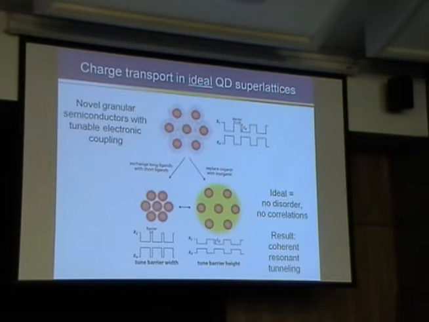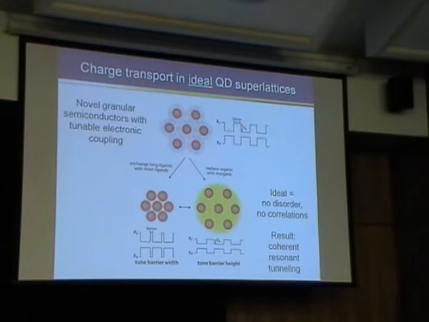Now, in the ideal case, and by ideal I mean that there's absolutely no disorder within the film, that all of the quantum dots are exactly the same, that the distances between them are all precisely identical, that there are no surface traps or other kinds of recombination centers in the material, and that there are no electron-electron correlations that could lead to things like Coulomb blockades or Mott insulators.